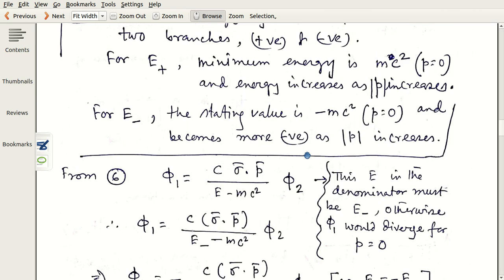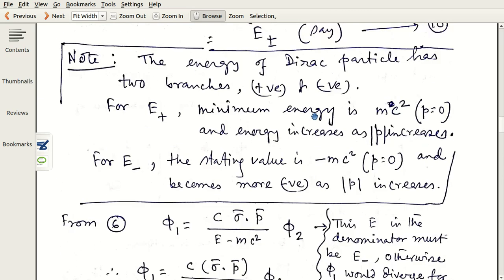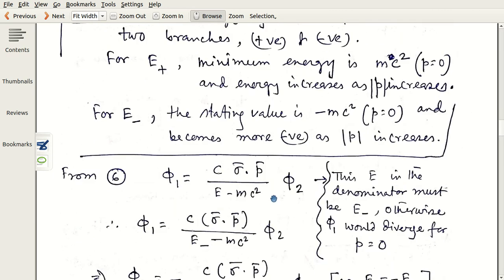Now we continue: we had phi 1 equal to this one, and we see, in our case, if P equals 0, then the positive energy becomes mc square. So if you use positive energy here, then it will be mc square minus mc square, so your phi 1 will blow up. Therefore, this E in the denominator must be E negative.